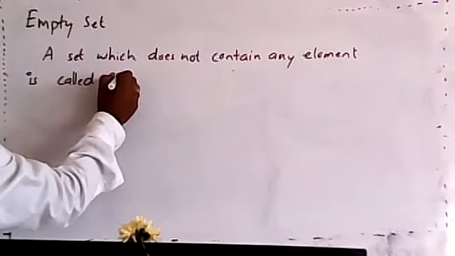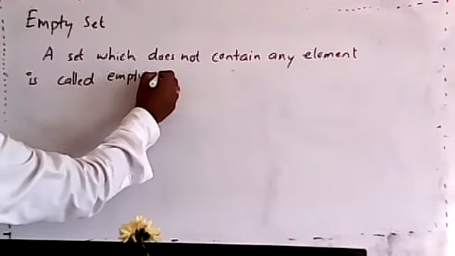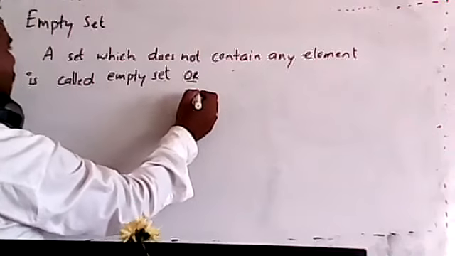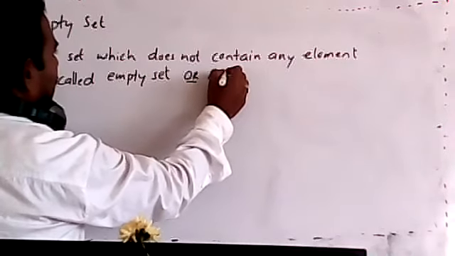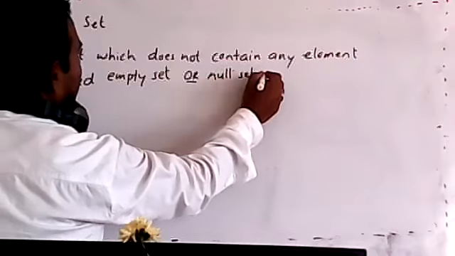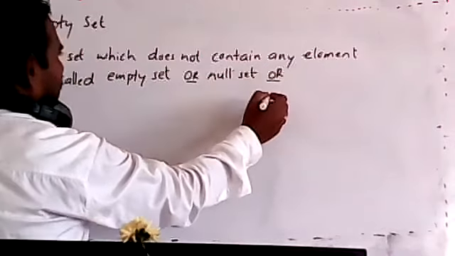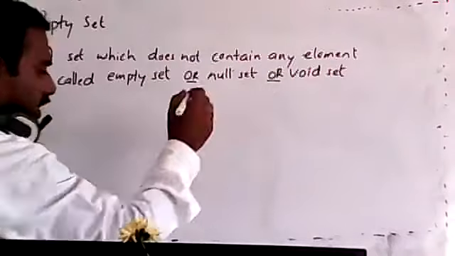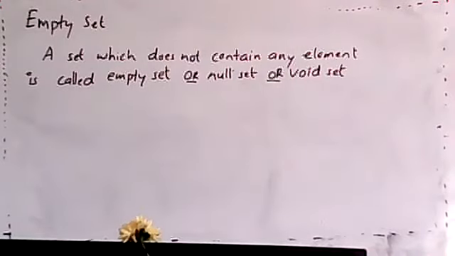Empty. Or you can call it by another name also, null set. Or one more you can call void. So it has got three names: empty set, void set, or null set.